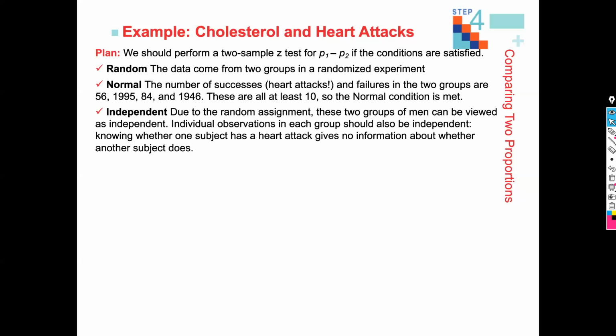So by the book's definition, a heart attack in this case would technically be a success because it's the thing we're tracking. Individual observations should be independent, or you can check your 10% condition. These counts are all at least 10. Normal condition is good to go.